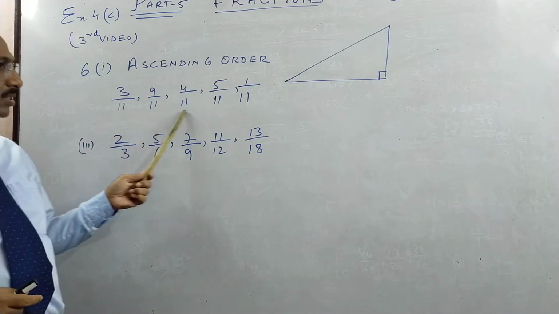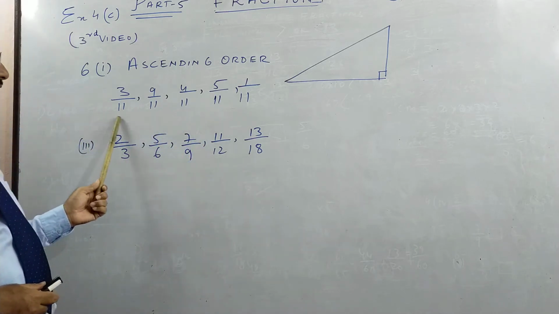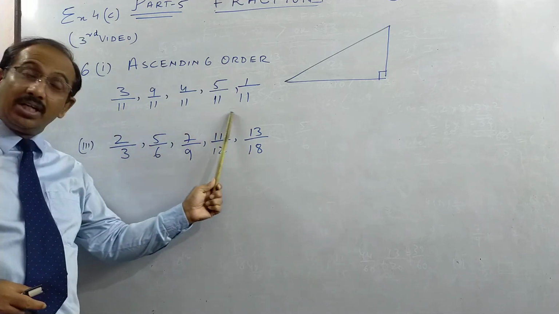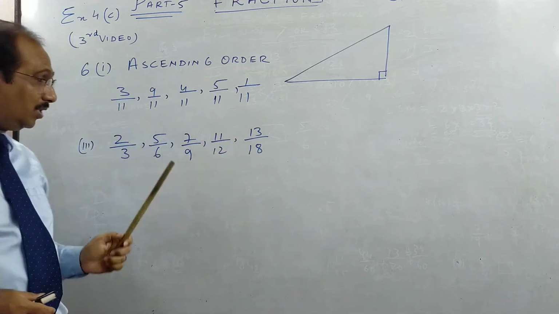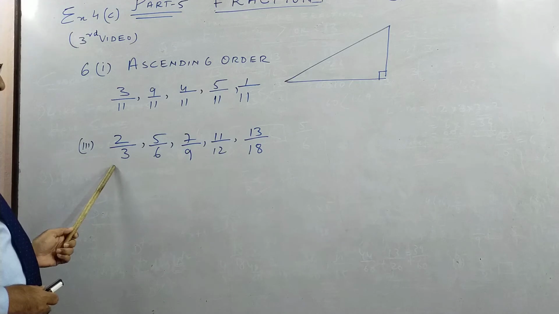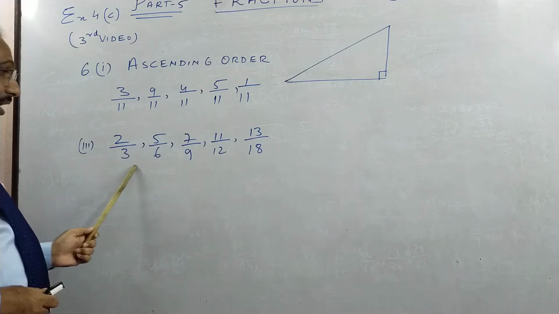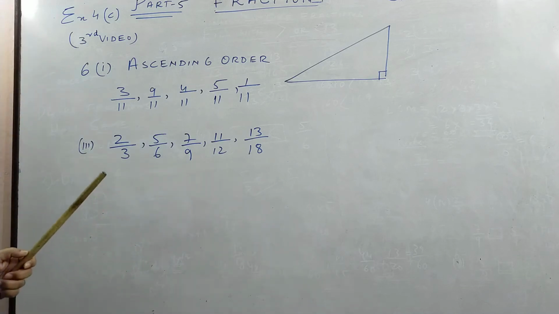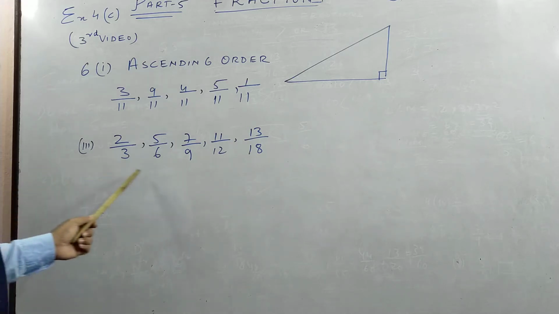First, if you see nicely, the first one is a like fraction. Why? All the denominators are the same. The second one, children, is an unlike fraction, because if you see nicely, all the denominators are different.